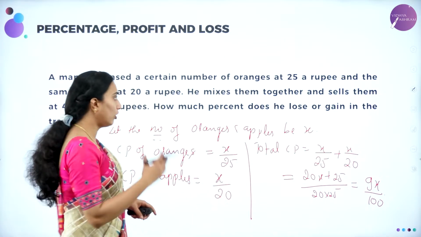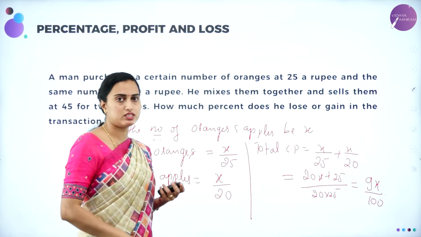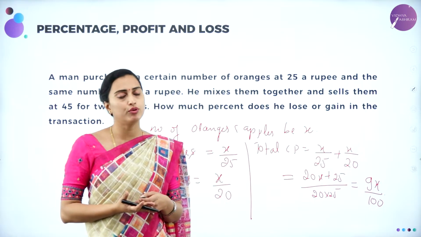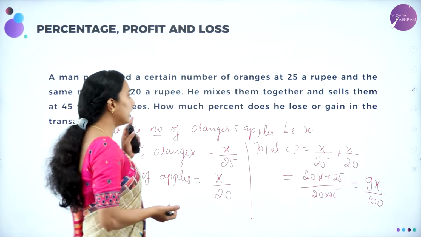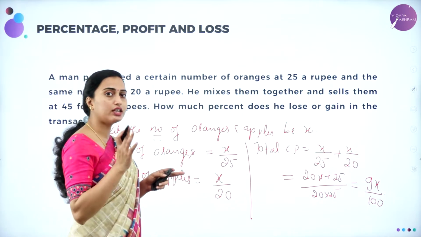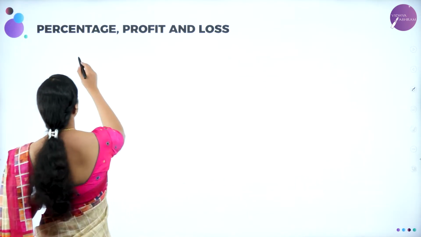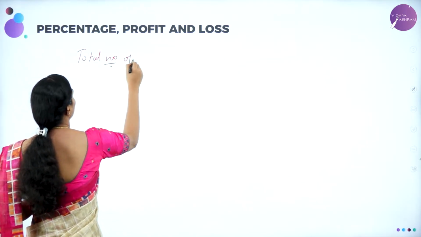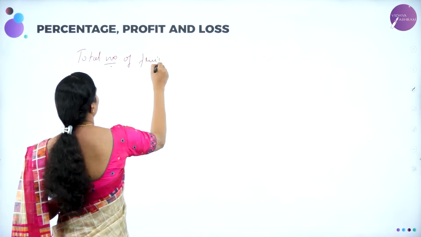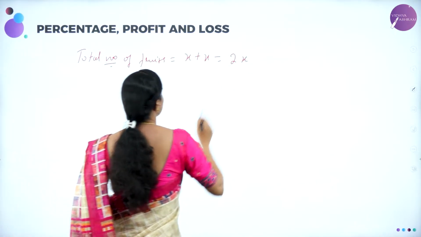Okay, here they have not given the apple. I'm going to consider let the other be the apples. You can consider any fruit you like. Okay dears, and then he is going to sell 25 oranges at a rupee. So total number of fruits is equal to X plus X, which will be equal to 2X.